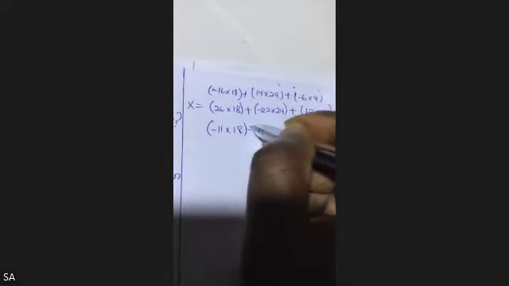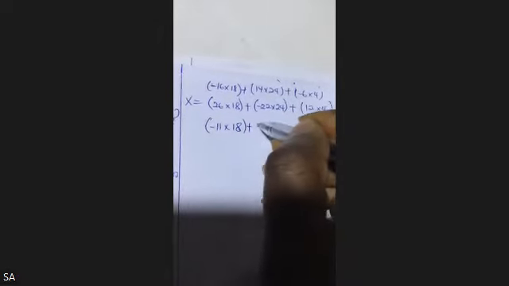Next, I'll do minus 11 times 18 plus 12 times 24.